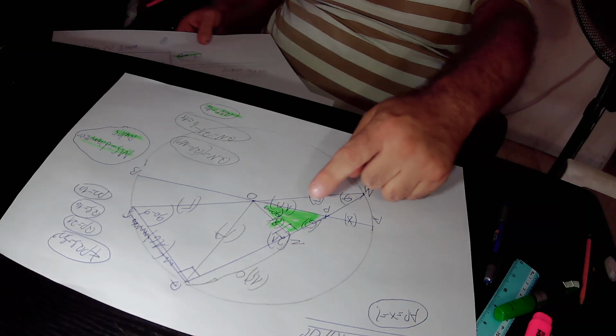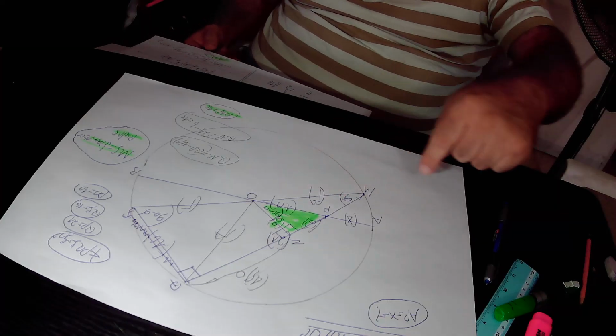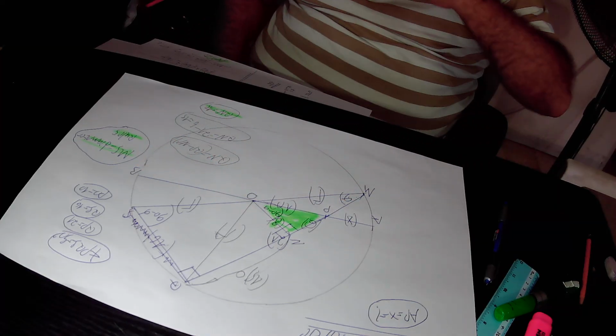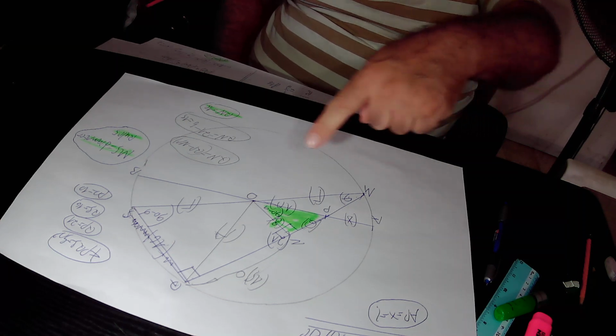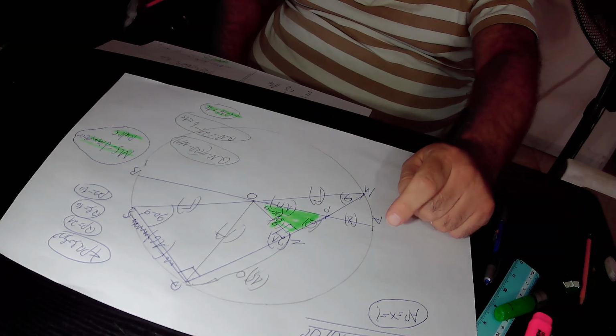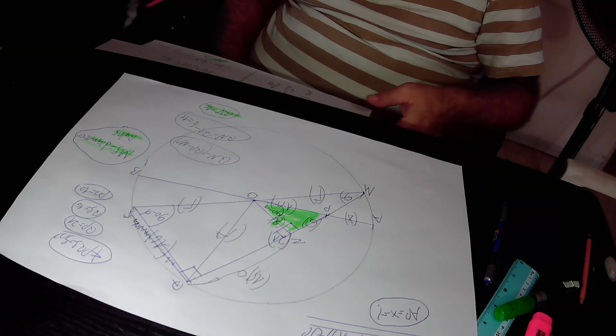We derive that side NO of the small right triangle ONM over side QS of the big right triangle QSM is equal to side MO of the small right triangle ONM over side MS of the big right triangle QSM.